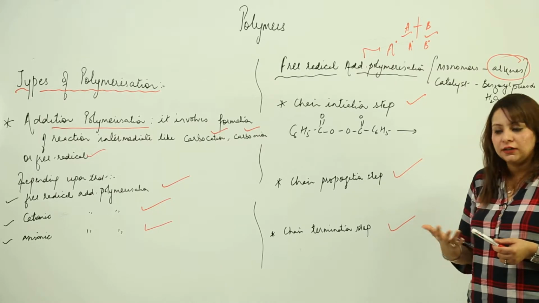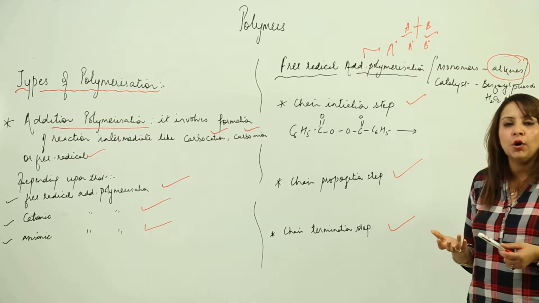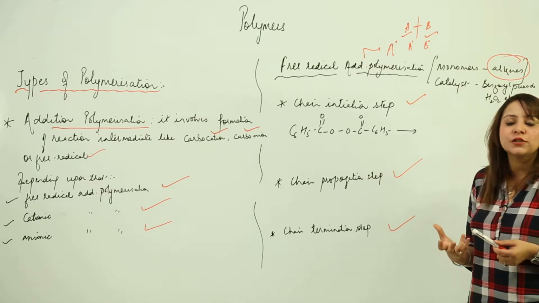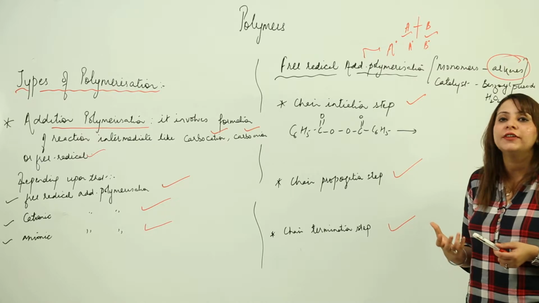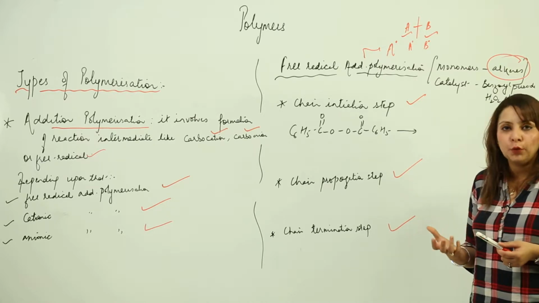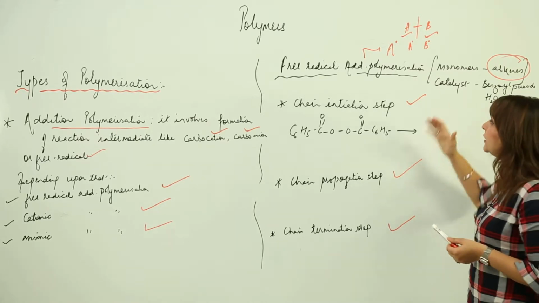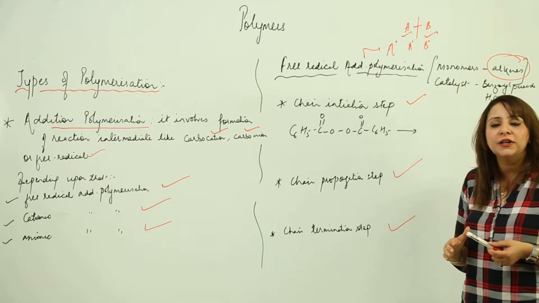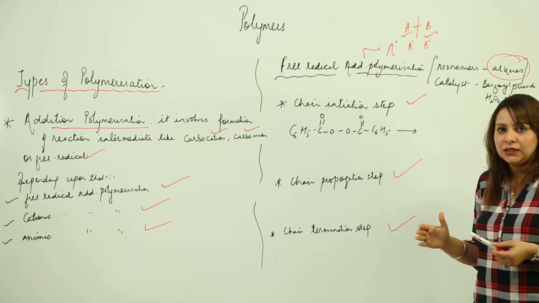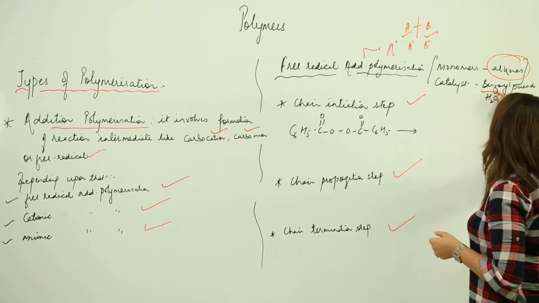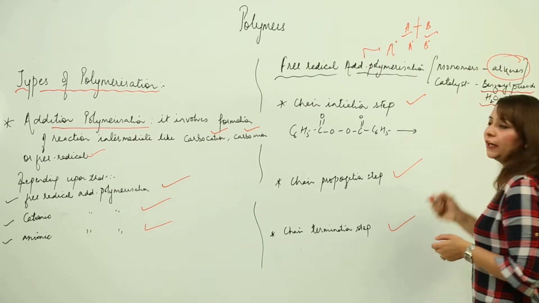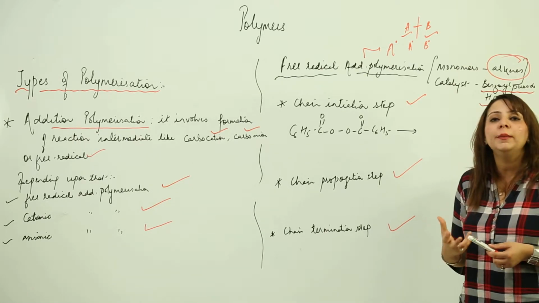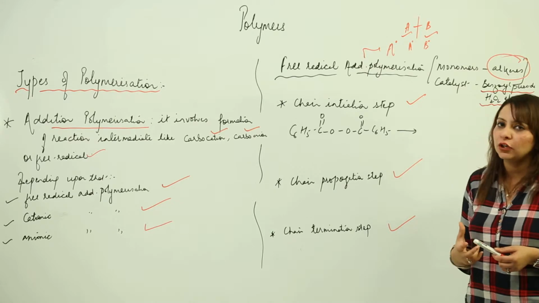They carry an extra bond in addition to the sigma bond, which is why addition is possible in them. Unsaturated compounds have a specific property of addition because they have a pi bond. Here the catalyst is a peroxide, like hydrogen peroxide, but the most common catalyst we use is benzoyl peroxide.